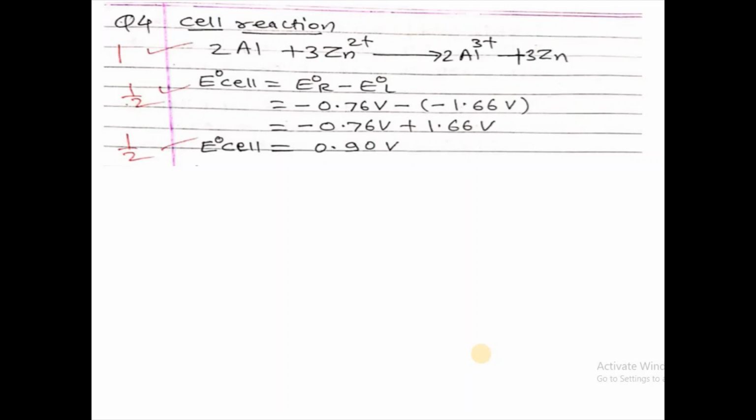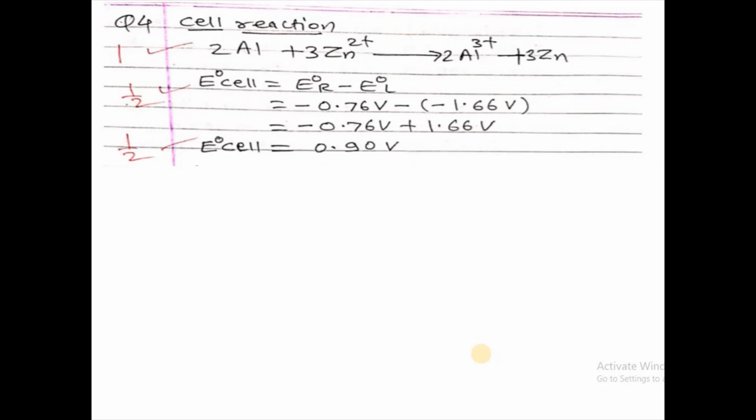We have the idea about the representation of a cell: the species written on the right side undergo reduction, while the species written on the left side undergo oxidation.